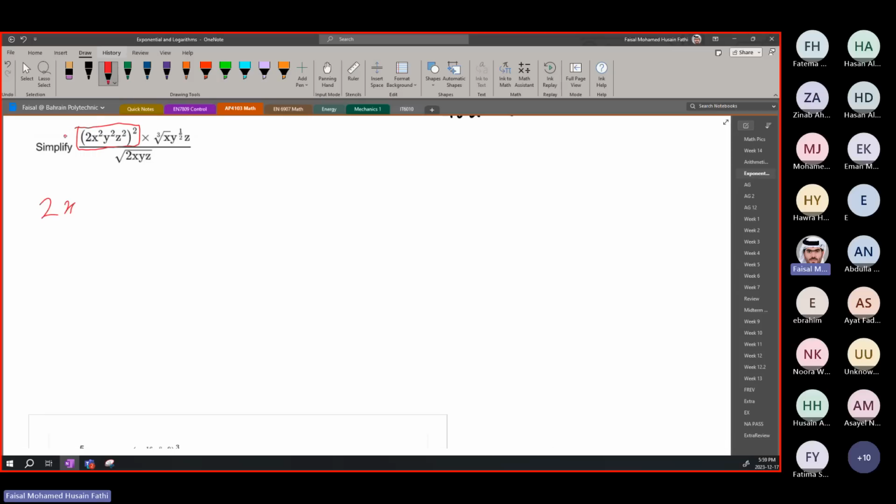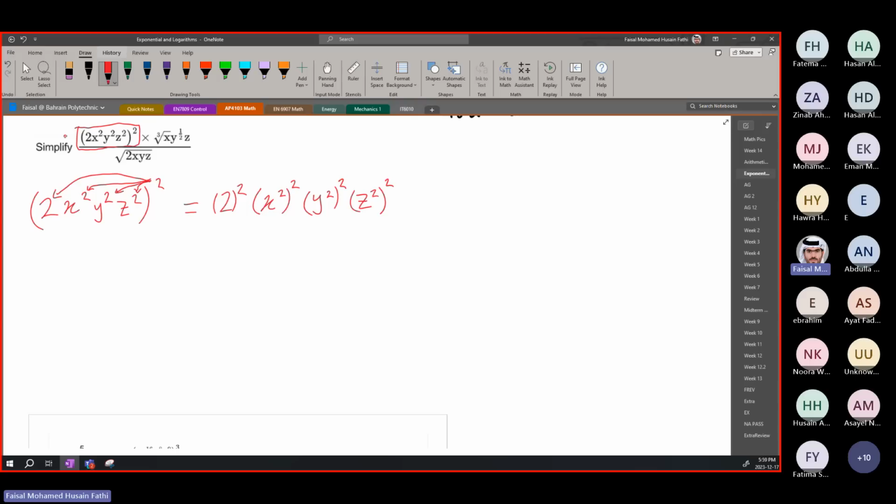So 2x squared, y squared, z squared, all of it squared. If you remember the rules we had before, the squared gets distributed into everything. So this is the equivalent of saying 2 squared, x squared all squared, y squared all squared, and z squared all squared.